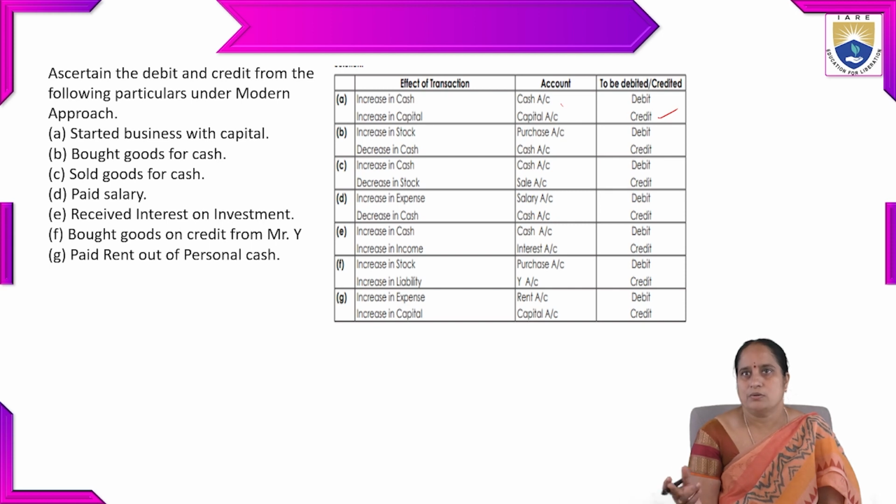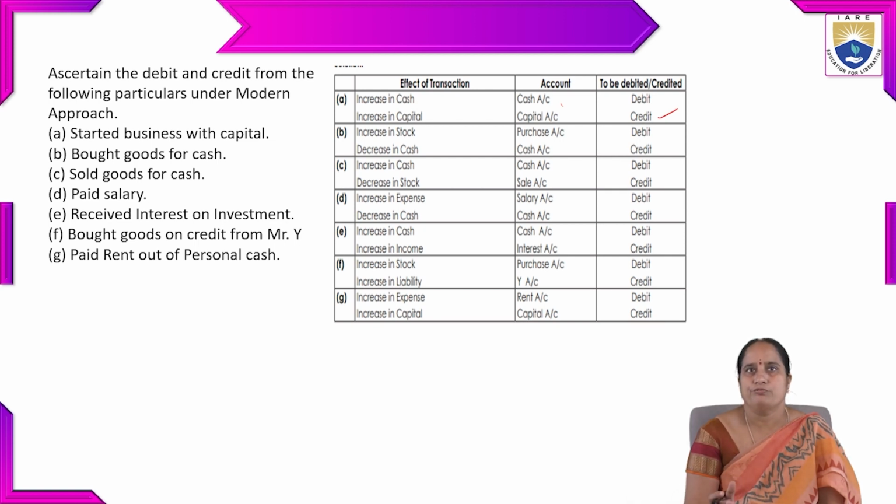So interest account, credit. And bought goods on credit from Mr. Y. Whenever you purchase goods from Y on credit basis, your stock levels increase. So increase in stock, purchase account, debit side, increase in liability, Y account, credit side.